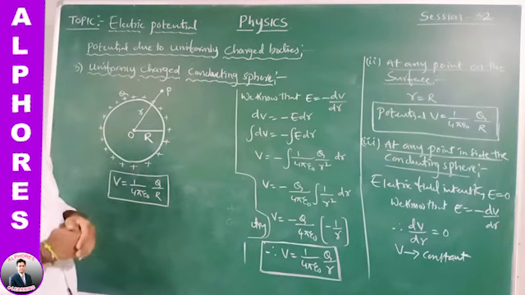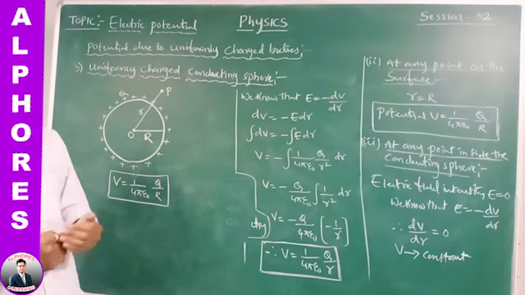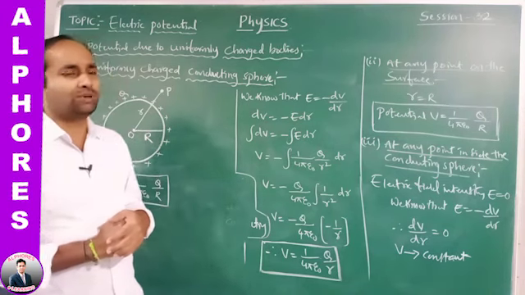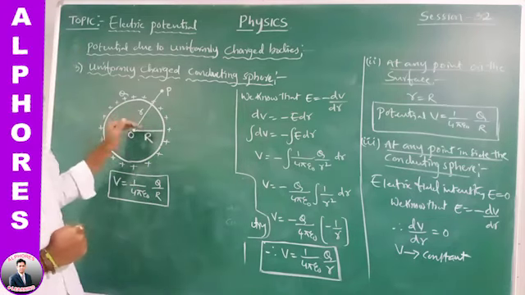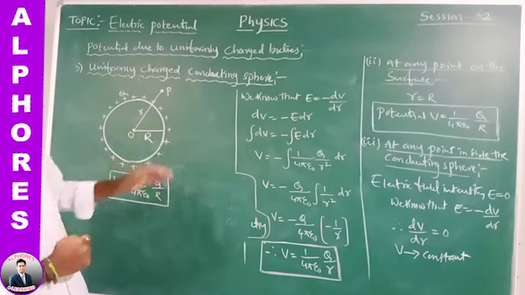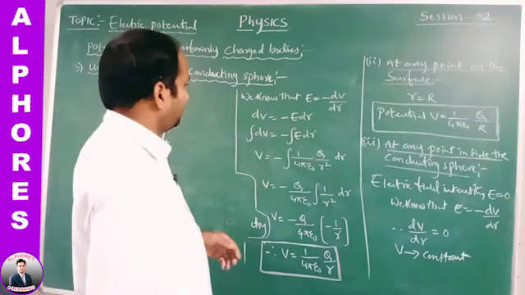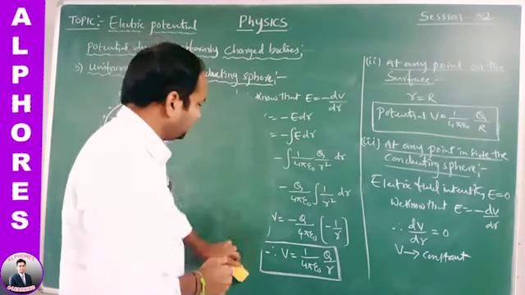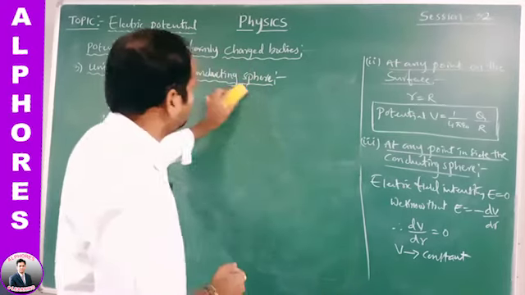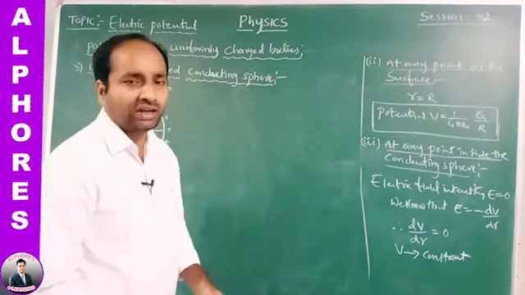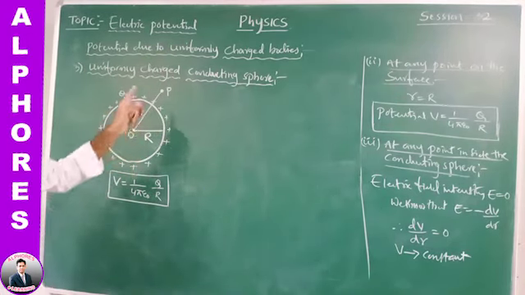At any point outside, V is equal to 1 by 4 pi epsilon naught, capital Q by small r. At any point on the surface, V is equal to 1 by 4 pi epsilon naught, capital Q by capital R. And at any point inside, including the center, the potential is 1 by 4 pi epsilon naught, Q by R. Suppose we plot a graph taking the distance on the x-axis and the potential of the conducting sphere on the y-axis, where the distance is from the center to the point P where we are calculating the potential.